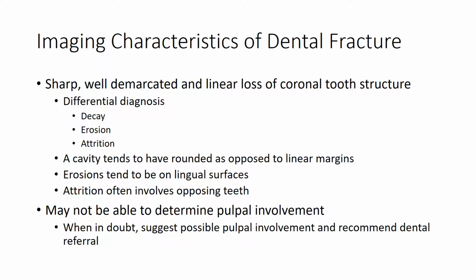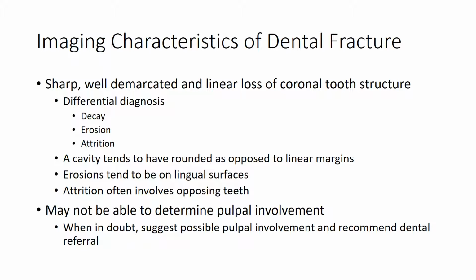On imaging, a dental fracture presents as a sharp, well-demarcated, and linear loss of typically coronal tooth structure. And the differential includes decay, erosion, and attrition. Erosion is caused by typically acidic substances that demineralize the tooth.